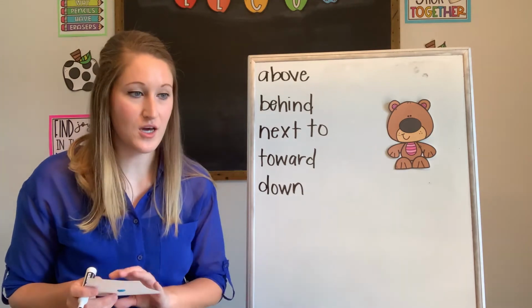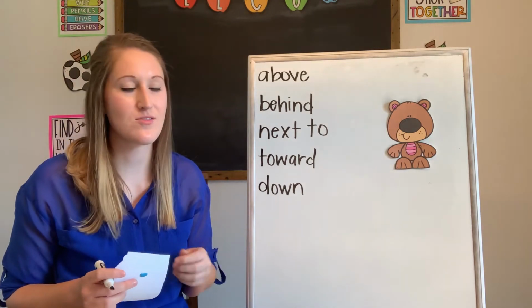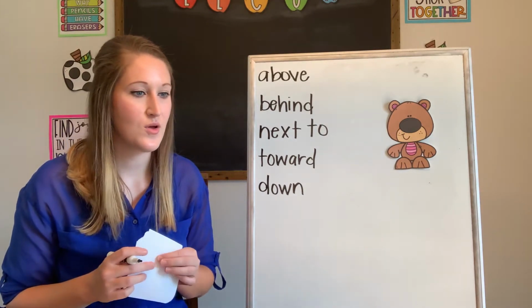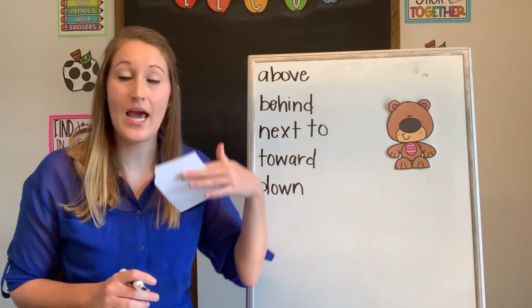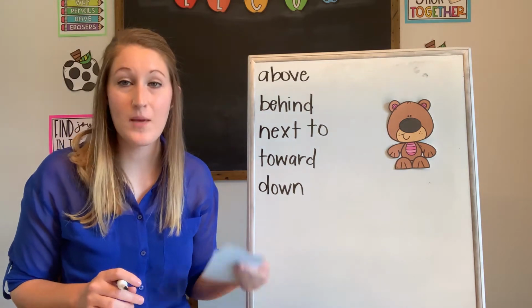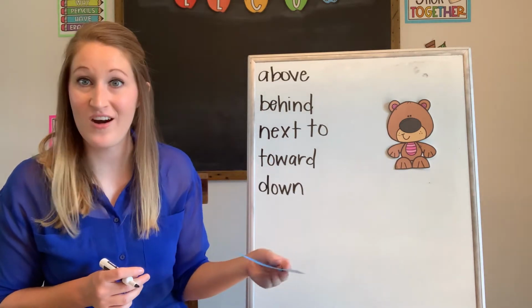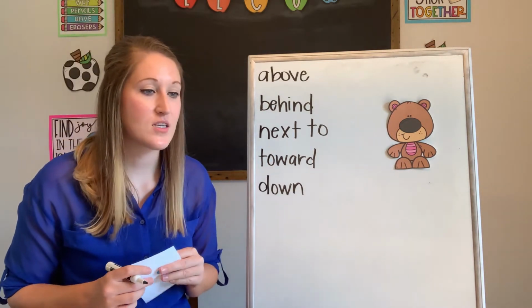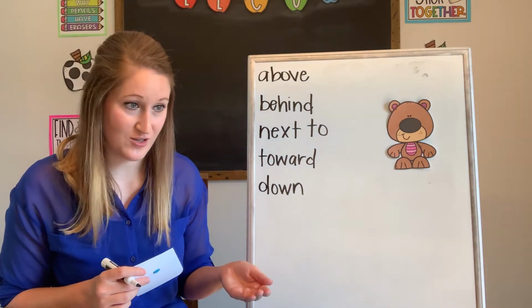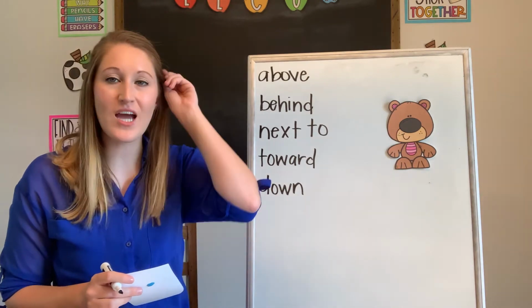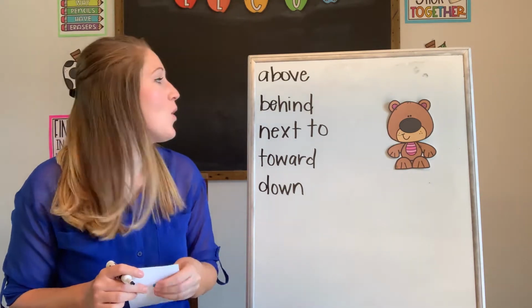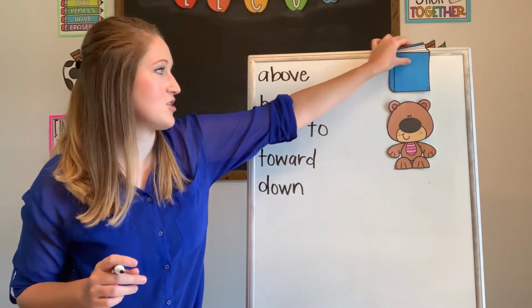We could also talk about time. Now time's a little hard to show, right? But things can happen before, right? He picked up the book before. He picked up the book after. He's going until. So there are some time words that we can use as well when we talk about our prepositions.